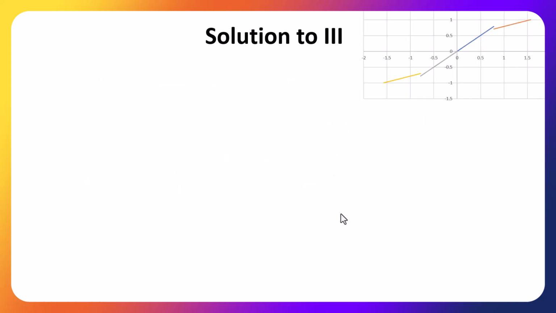Example 3 says we should sketch the graph of the odd function in the interval minus 2 pi, comma 2 pi. We know that for an odd function, minus f of x equals f of minus x. But before we go on to generate the required sketch, we need to confirm if indeed the functions are odd.